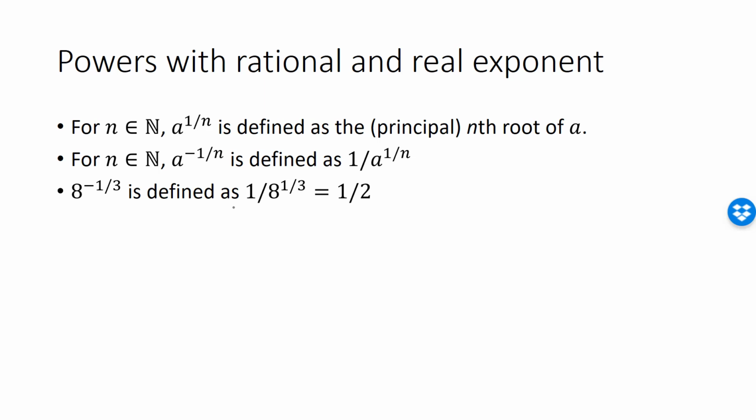We now have a definition of exponentiation when the exponent is a rational number with the numerator 1. We will now define exponentiation with an arbitrary rational exponent, where the numerator can be any integer.